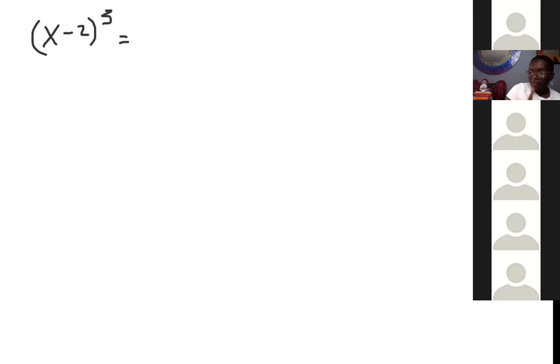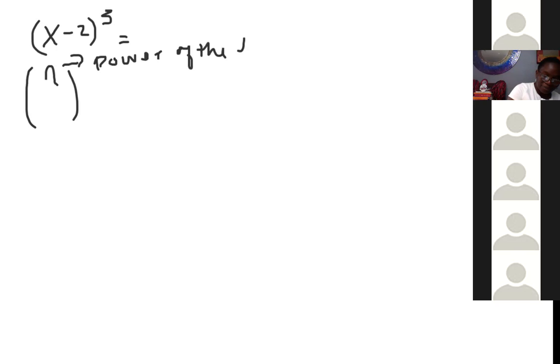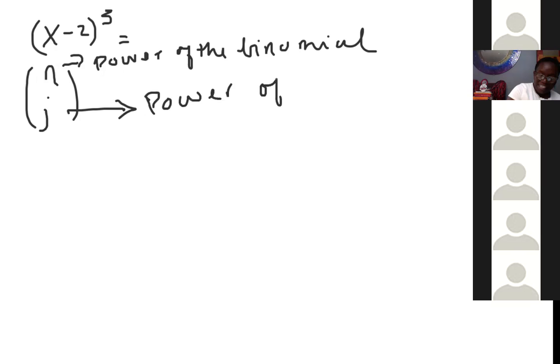So guys, here comes the coefficients. Now for the coefficients, it's going to be in this form right here: n choose j. N is always going to be the power of the binomial. And then j will represent, now be careful with this, the power of the second term in the binomial.